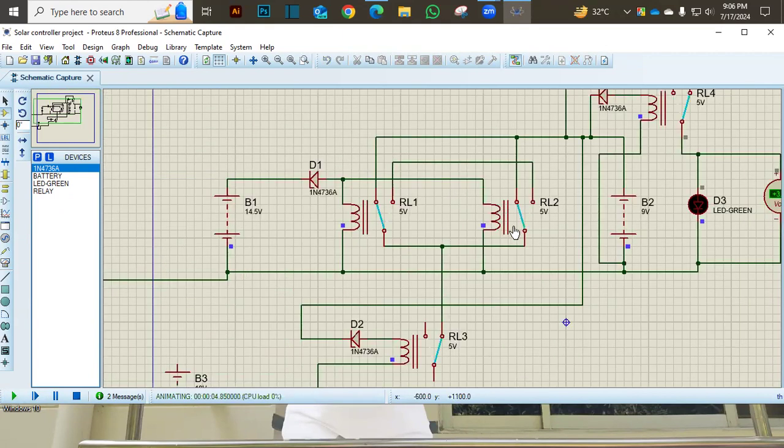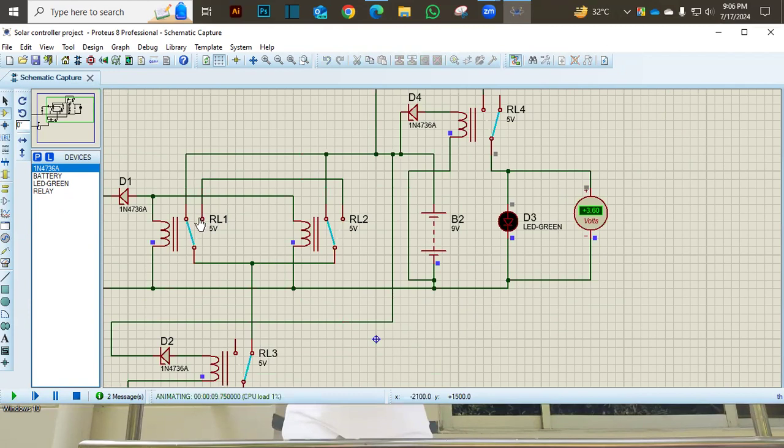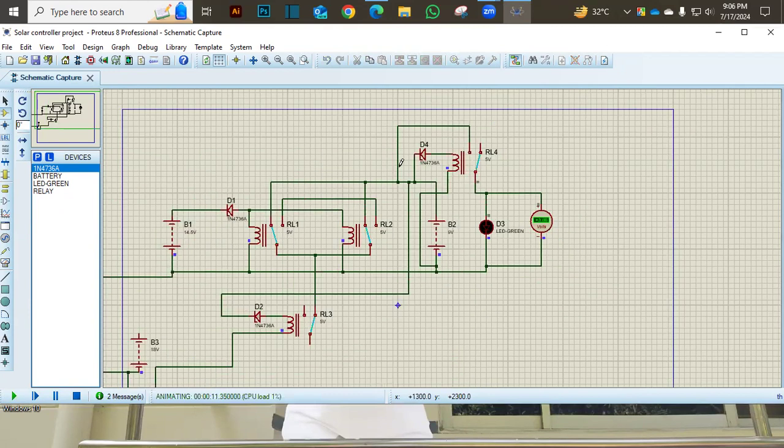And now if you have a question that our first battery is fully charged, why is our load not running? To run this system, we again use this particular portion on this terminal here, and we have to run it.